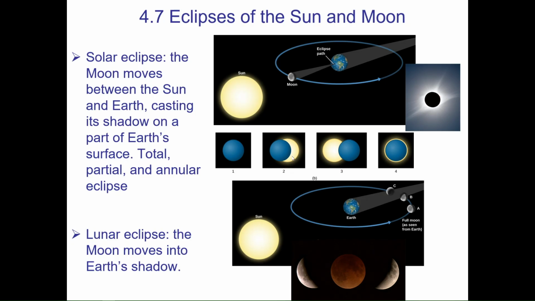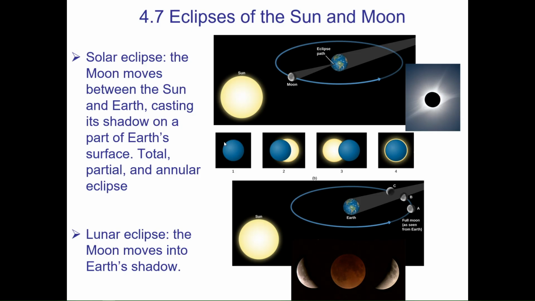Therefore, it covers most of the sunlight. That is the moment we're able to observe what we call the total solar eclipse. The total solar eclipse happens when the entire disk of the sun is covered by the moon.